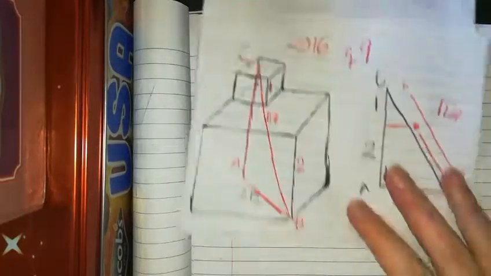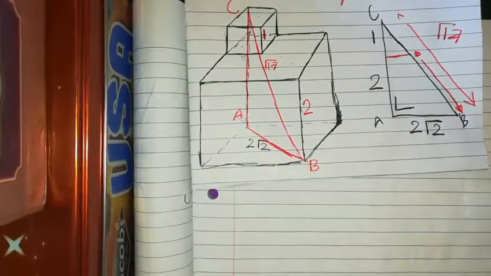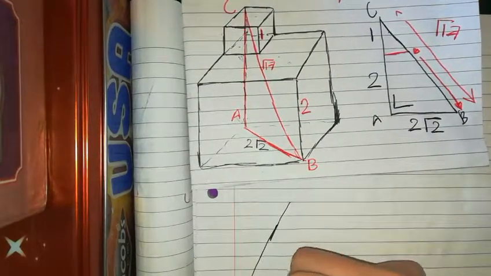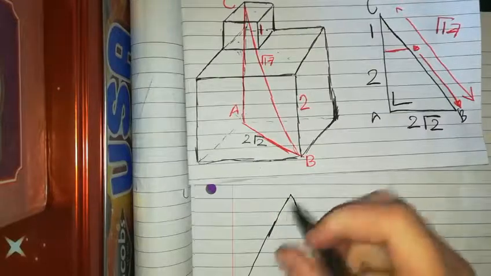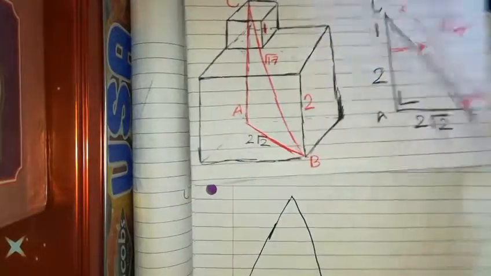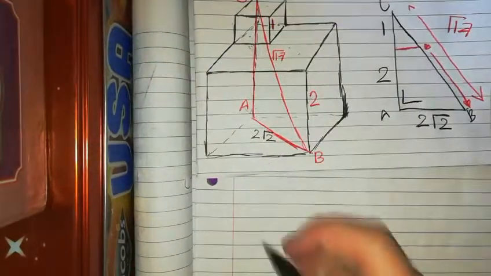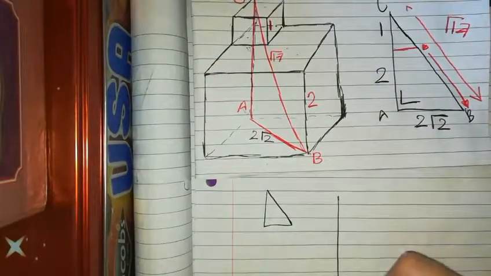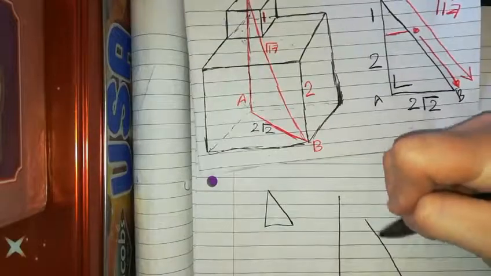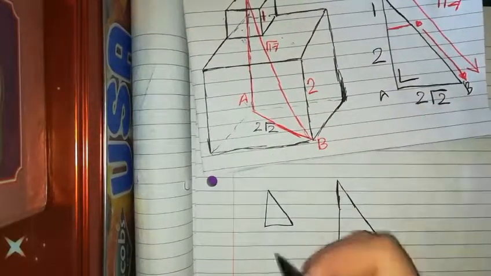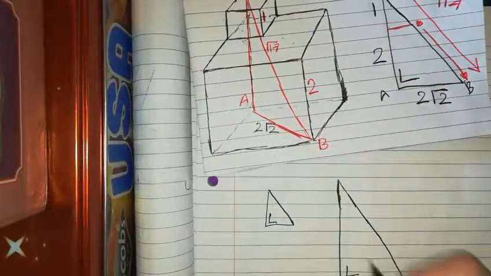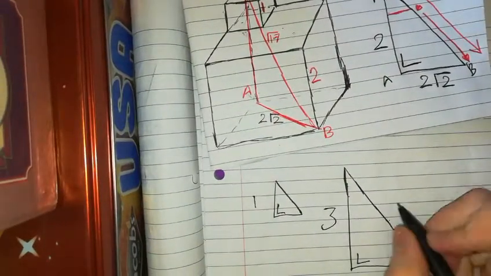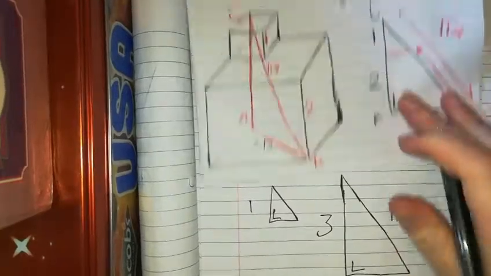With similar triangles, what I might do is draw them as 2 different triangles. This is a right angle, this is a right angle, the whole big triangle is 3, and the whole length of this is square root of 17.